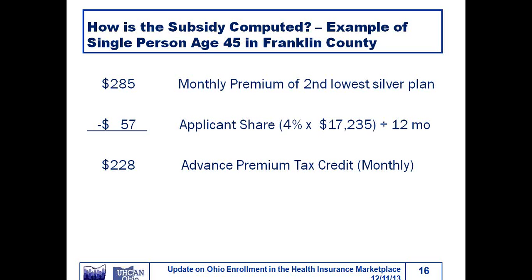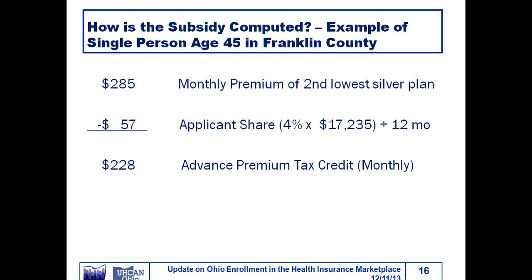So in calculating your subsidy, the marketplace will look at your age and where you live and look at the monthly premium of the second lowest silver level plan. Remember, there's bronze, silver, gold, and theoretically platinum.